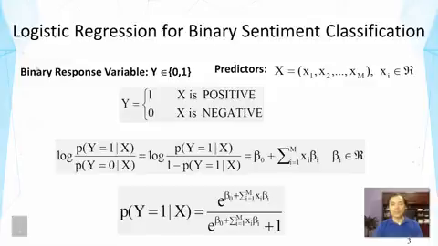And so that's a logistic function, and you can see it relates the probability that Y equals 1 to the feature values. And of course, the beta i's are parameters here. So this is just a direct application of logistic regression for binary categorization.